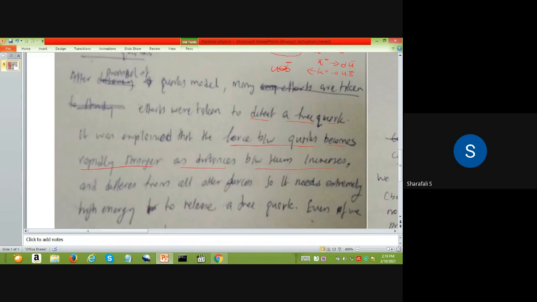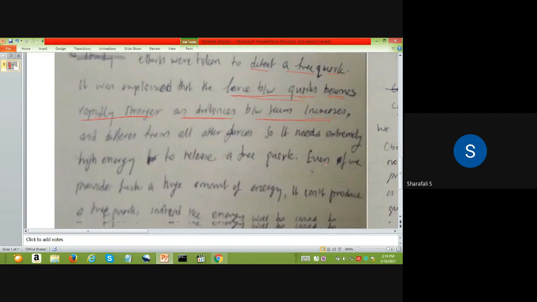The force between quarks becomes rapidly stronger as the distance increases, and this differs from all other kinds of forces that we know. So it needs extremely high energy to release a free quark, or to separate those quark pairs.